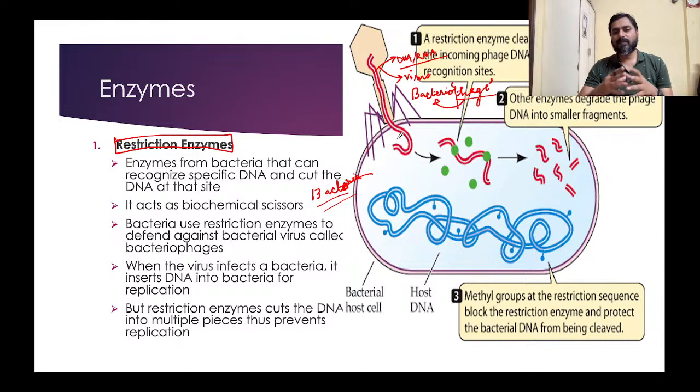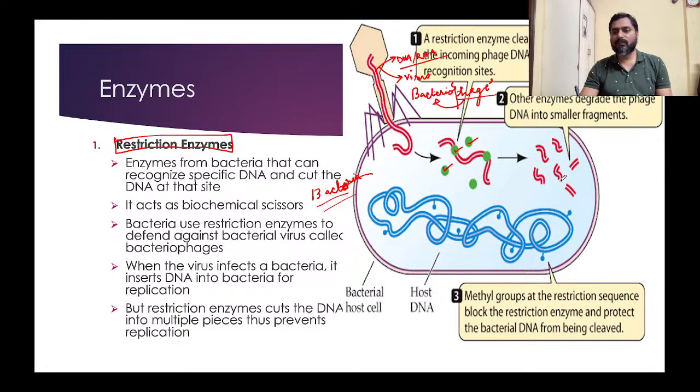So what is the bacteria doing then? The bacteria also develops a defense mechanism. The bacteria develops these restriction enzymes. What you can see here are your restriction enzymes, and they are cutting this genetic material into small fragments.